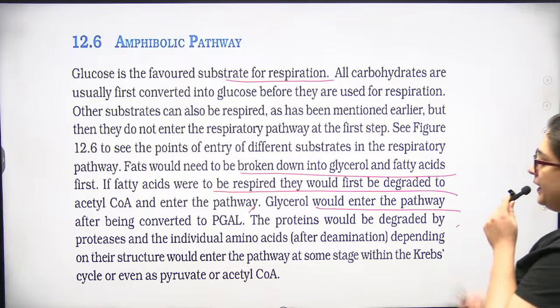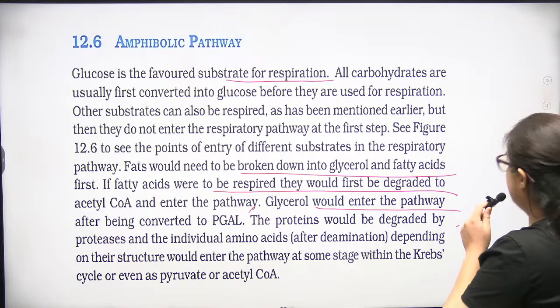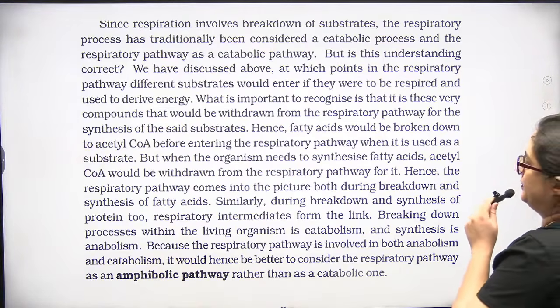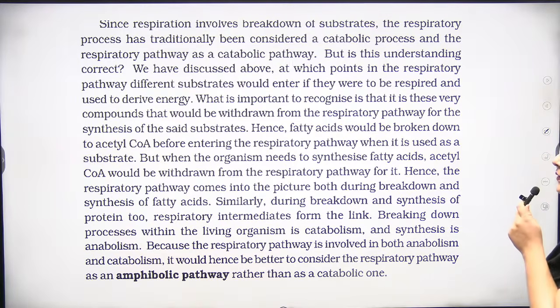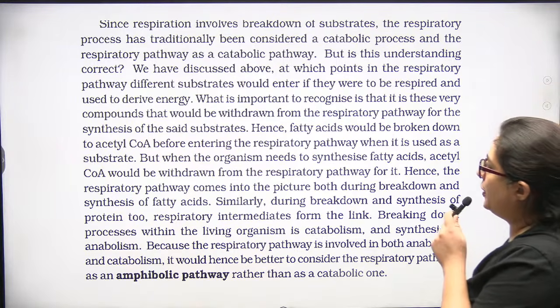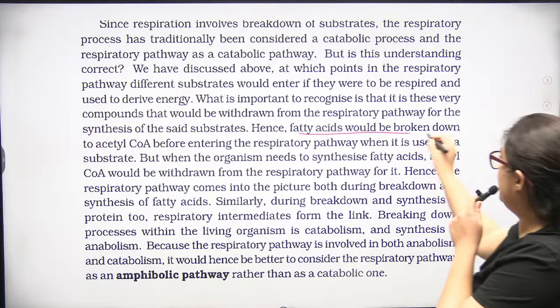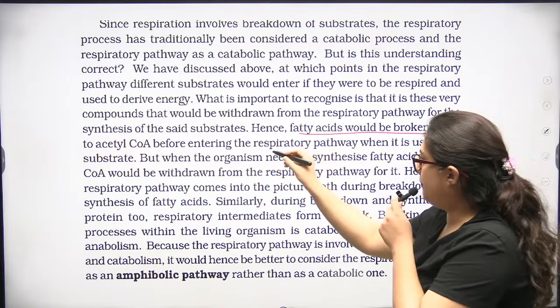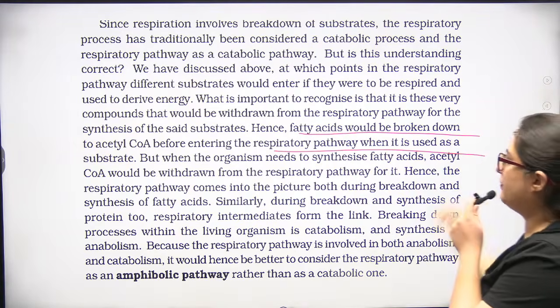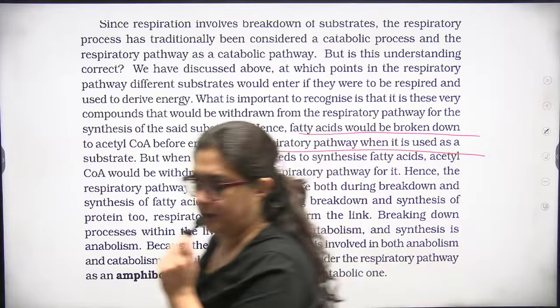Proteins would be degraded by proteases into individual amino acids. Now, what is the important point in this? Fatty acid would be broken down to acetyl coenzyme A before entering the respiratory pathway when it is used as a substrate.